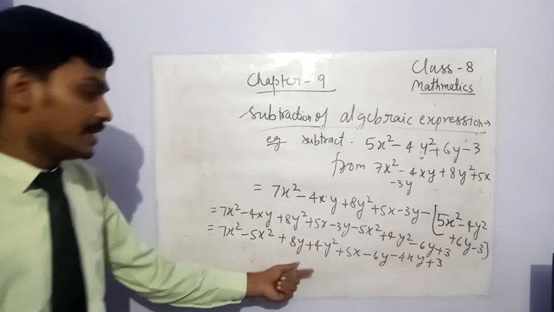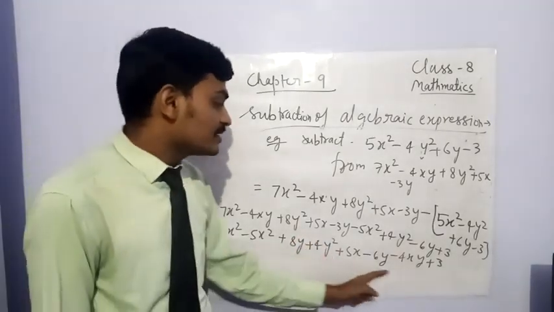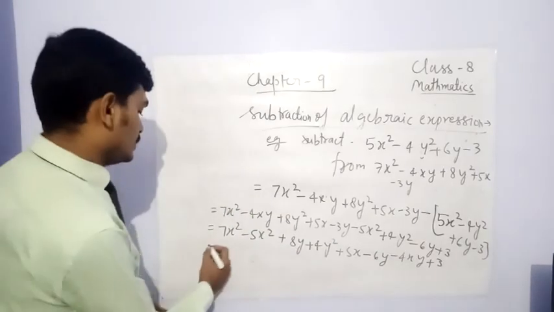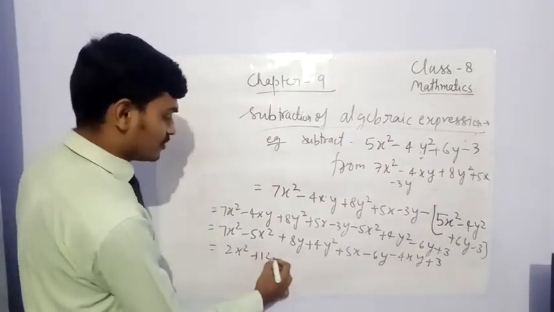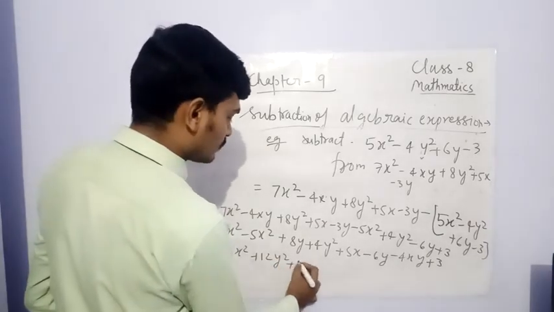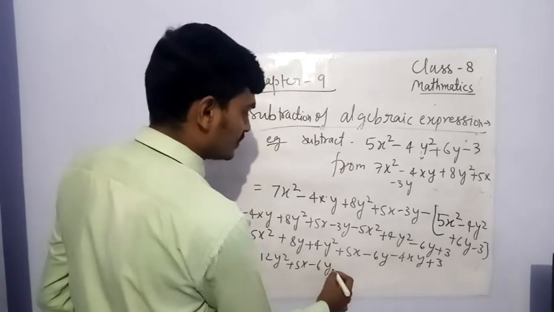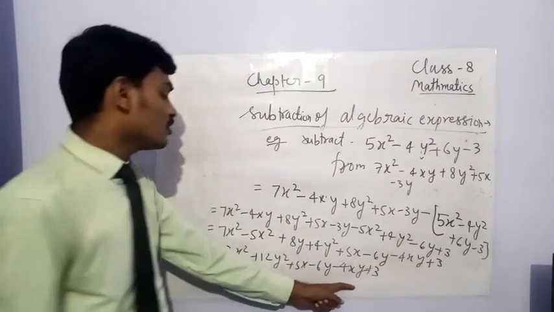So I have placed all the like terms together, and the others are all unlike terms. Now this will be 2x square, this will be 12y square, and this will be plus 5x minus 6y minus 4xy plus 3. So this is your answer.